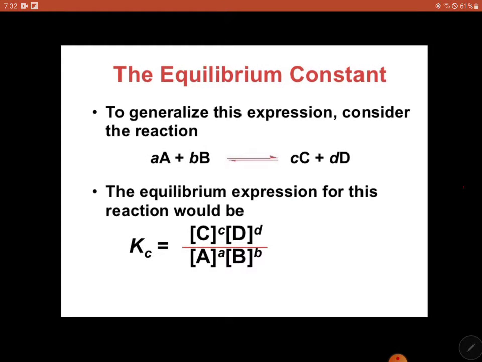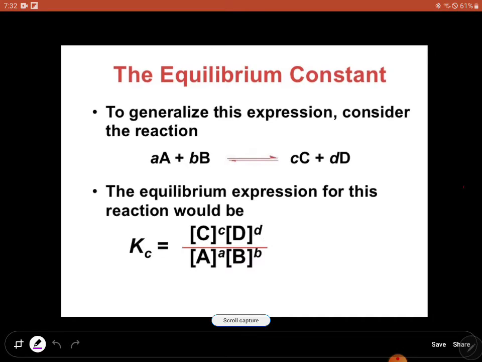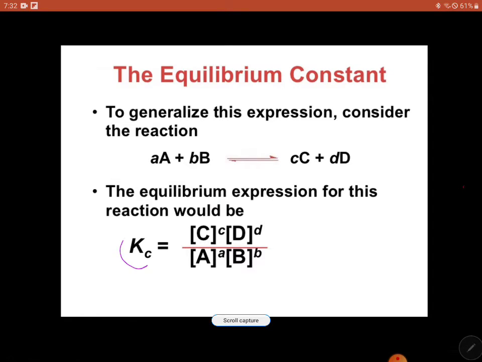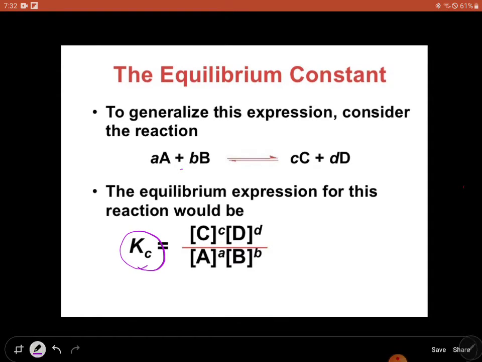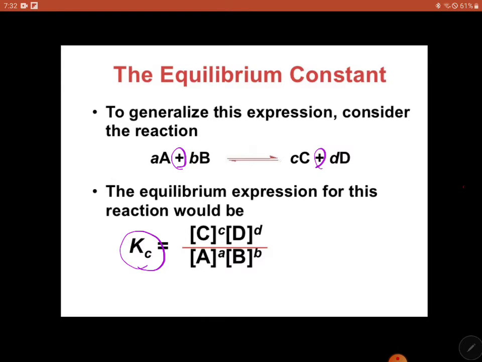So my question, and my students' question, was: in this equilibrium, our reaction part here is addition, but why do we have multiplication here? Why?